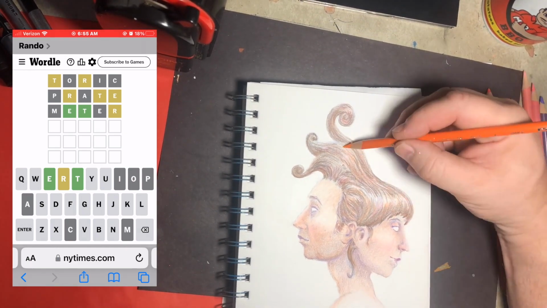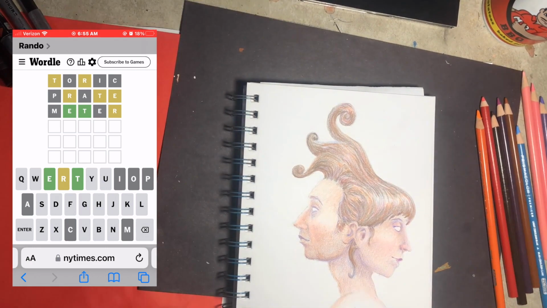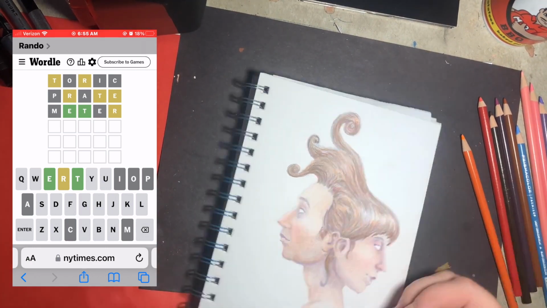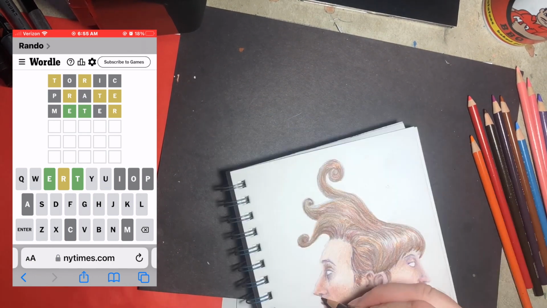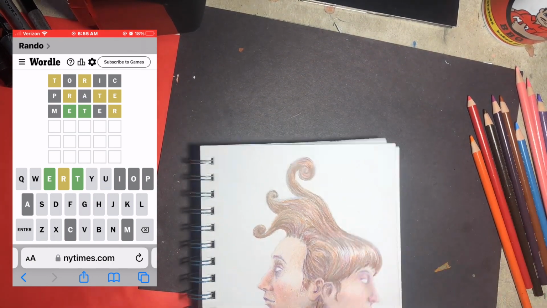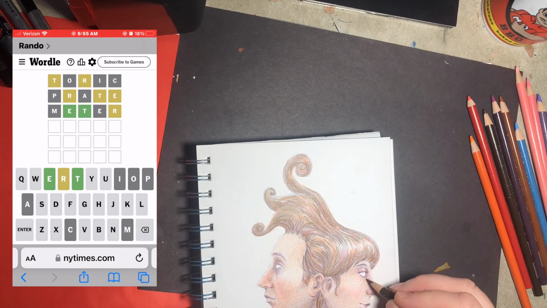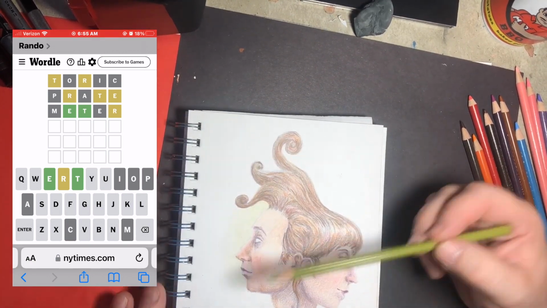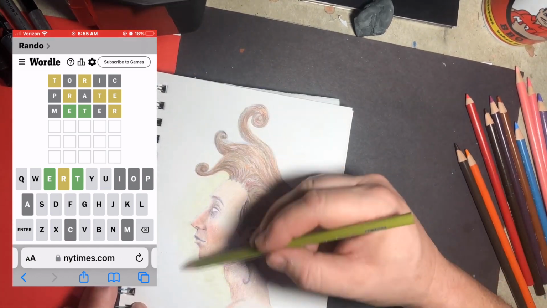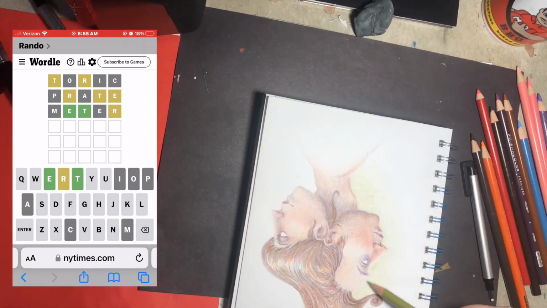But that's where the camera is, so I'm kind of drawing at an angle, and it just gets hard to get my pencils in the right direction and be precise with my lines. But anyway, you can kind of get the idea of what I'm doing here, and hopefully it's not too distracting.